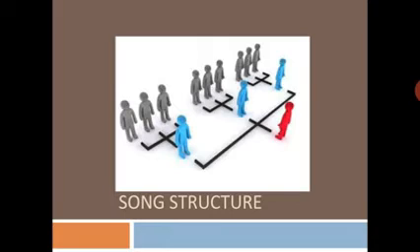We also have dynamics. Dynamics describes the loudness or softness of the sound. But for the purpose of this lesson, I just want to stick to these three. Every music has these three basic elements. Every song has a melody, harmony, and rhythm.